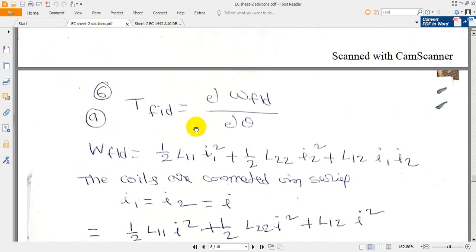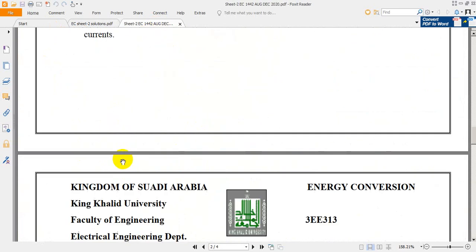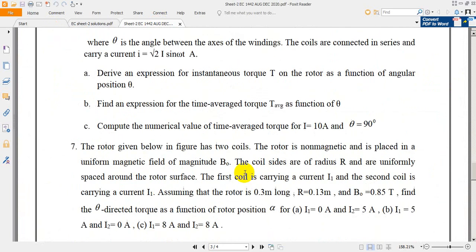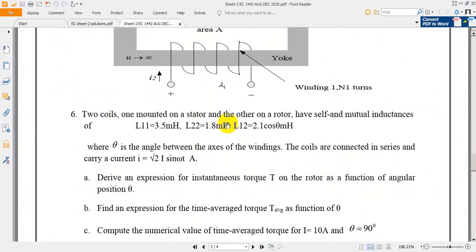Coming to the sixth problem, we are having two coils, one mounted on the stator and the other on the rotor, which is having self and mutual inductance of L11 equal to 3.5 millihenries, L22 equal to 1.8 millihenries, and L12 equal to 2.1 cos theta.